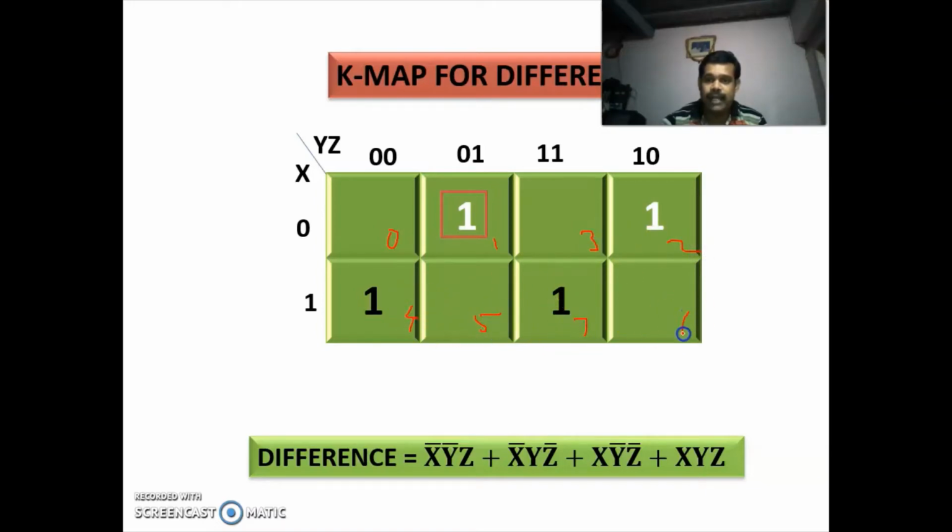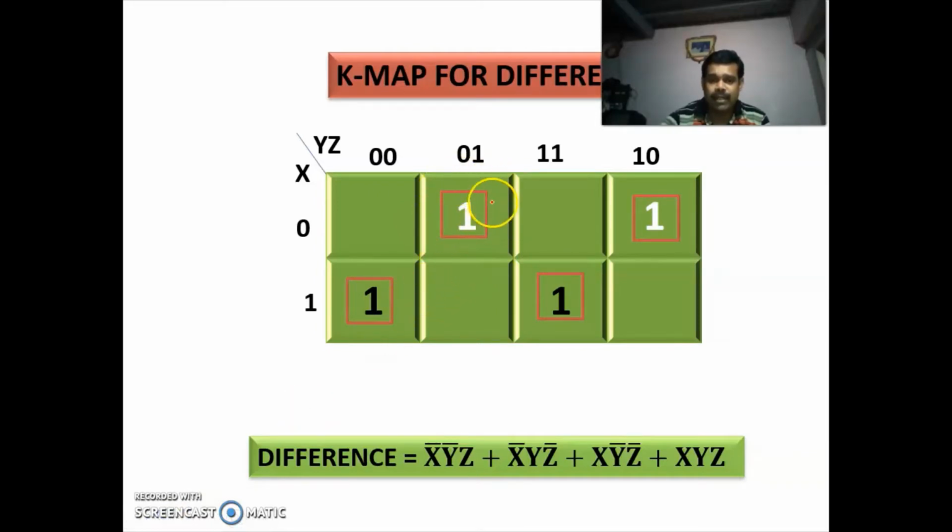So we have plotted, and here there are no adjacent ones in this K map. So there is no way to group pairs, quads or octets. So these ones have to be grouped individually.